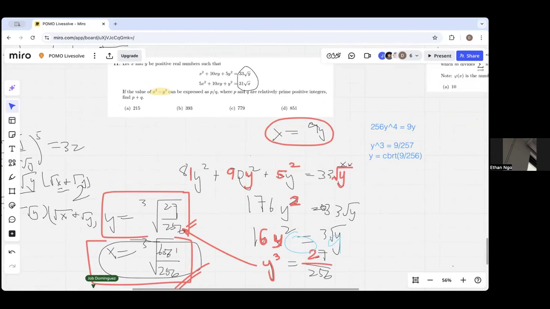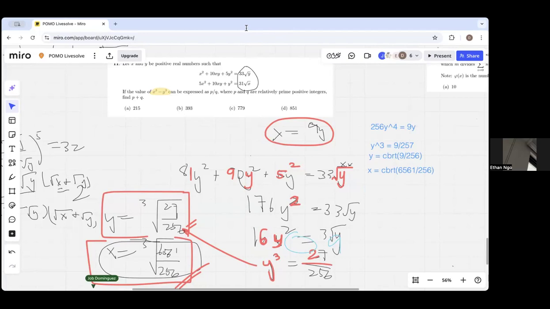Okay, if no more questions, Kaiser, you can. Wait. What is the final answer? Okay, so the final answer is, give me a sec. So if y is equal to the cube root of 9 over 256, then x is equal to the cube root of 6561 over 256, so essentially 6561 over 9.